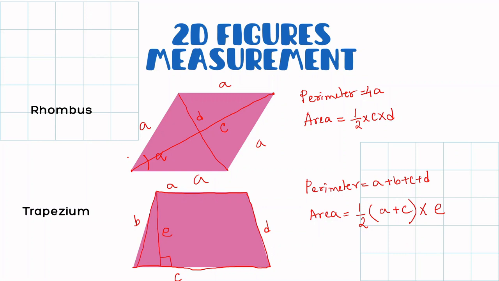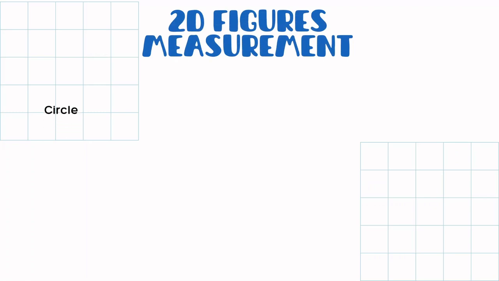Now we have come to the last, not last, but penultimate slide of this topic. That is, we will measure the area and the perimeter of a circle. For perimeter and area measurement, we first have to know the diameter of the circle. What is the diameter?